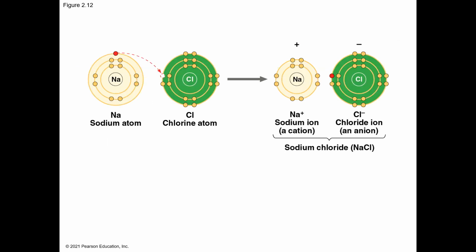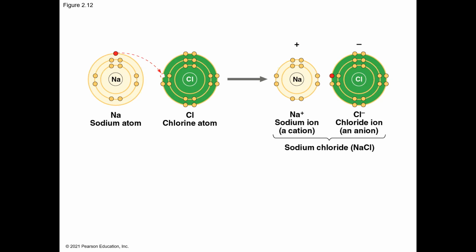So this is giving you an example, back to sodium chloride, where sodium has one extra electron in its valence shell compared to chlorine, which is missing an electron. So chlorine will take that electron from sodium, and so chlorine will now be slightly negative and sodium will be slightly positive.